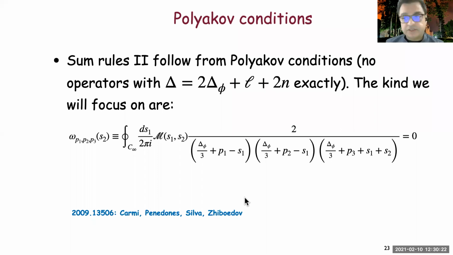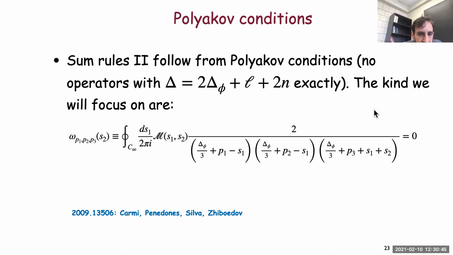For my purpose, I will just say the Polyakov conditions follow by demanding that there are no operators with scaling dimension exactly 2 delta phi plus L plus 2n. In any quantum field theory, typically these get anomalous dimensions, so these are not there generally, and that gives you some conditions. In our paper we demonstrated that this is not an independent condition; it just follows from crossing.